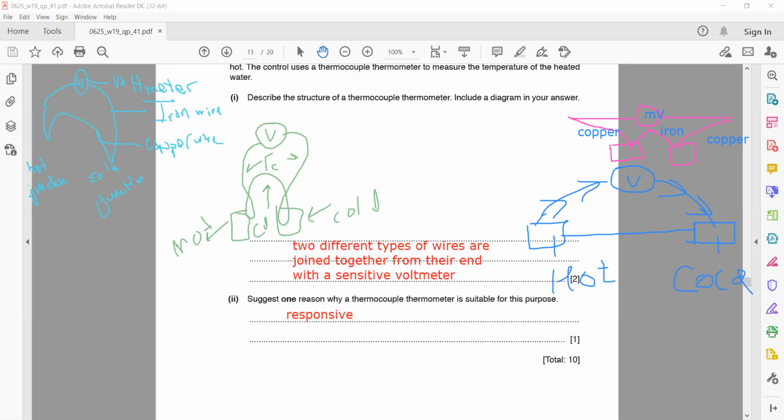It is right as an advantage, but with reference to the question, it should be that it is responsive and quick acting, measuring the temperature change in a short time.